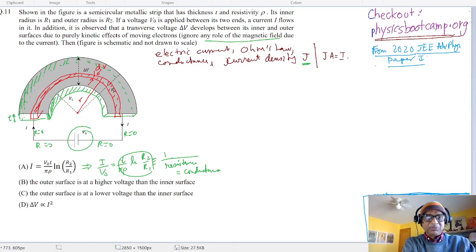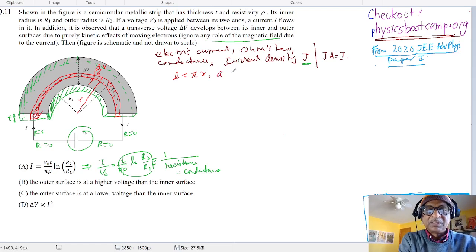The length will be pi r, and the cross-section area will be t this way, dr that way.